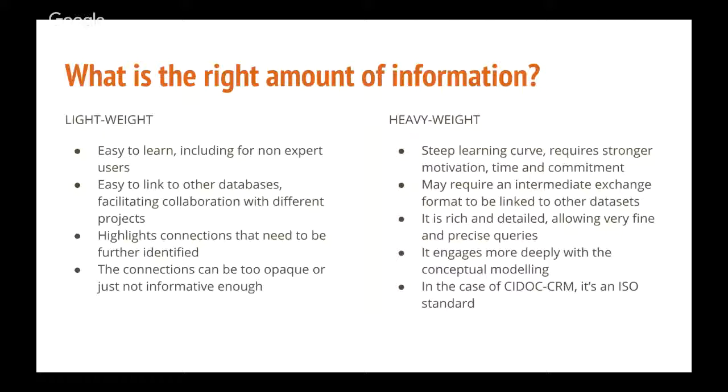We don't know. But this kind of RDF statement highlights a connection that it is then up to us to investigate further, if that is what we want to do. Some people find these kinds of connections not informative enough, a little bit too opaque. But personally, I think they are already very good at identifying, for example, trends and more of a bigger picture.